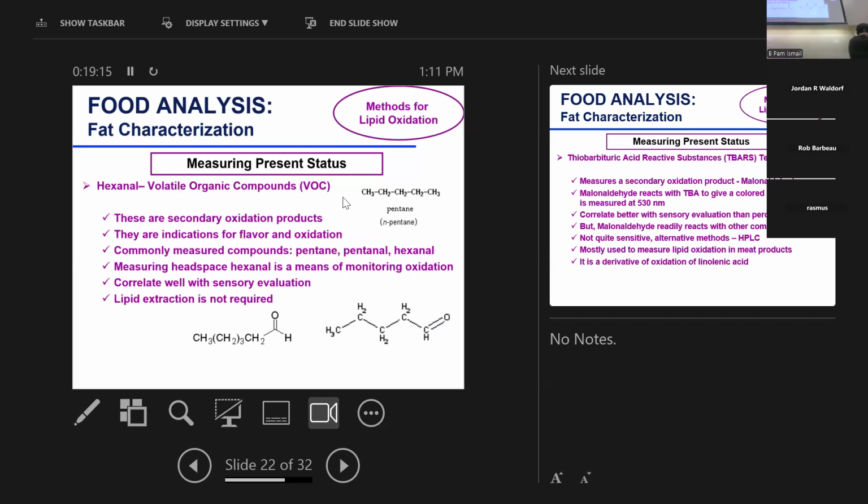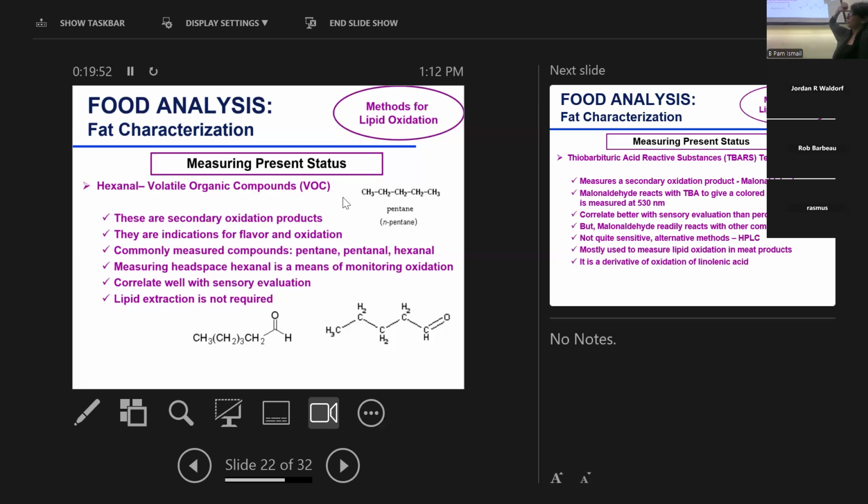So you have alcohols, you have aldehydes, you have a wide range of volatile organic compounds that are related to secondary oxidation products. Hexanal is usually the dominant secondary oxidation product in oxidized lipid. So measuring extent of hexanal in a sample usually is good indicator of secondary oxidation and correlates well with sensory evaluation.